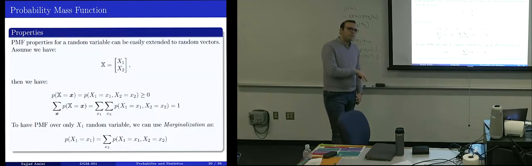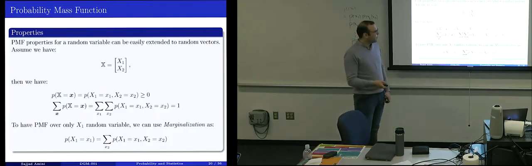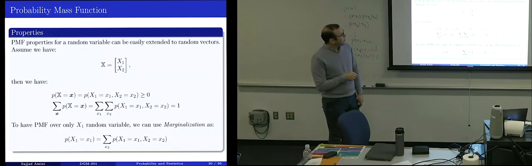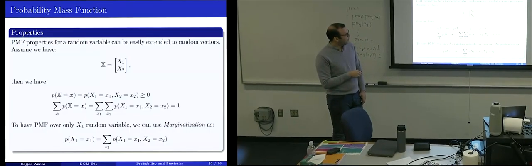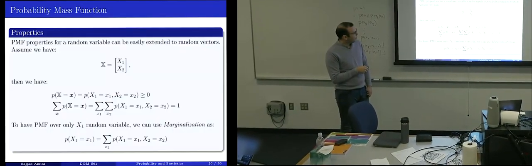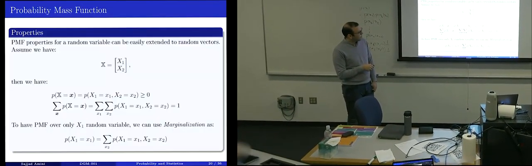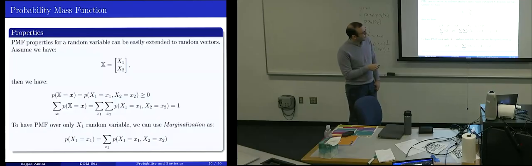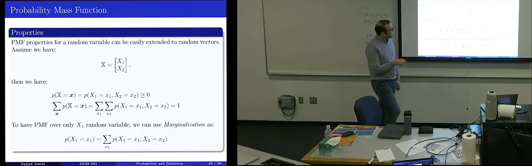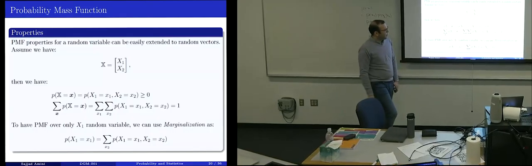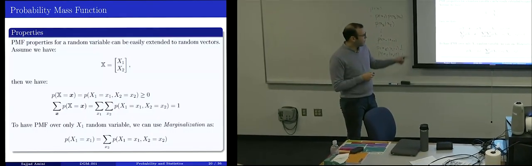The PMF for a random vector is again similar to the PMF for the random variable. Assume that I want to evaluate the probability of random variable x equal to numeric value x. It is the probability that simultaneously x1 is equal to numeric value x1 and x2 is equal to numeric value x2, and the probability mass function is non-negative, and also the summation over all possible sample space elements is equal to 1, as we know from the probabilistic experiment.